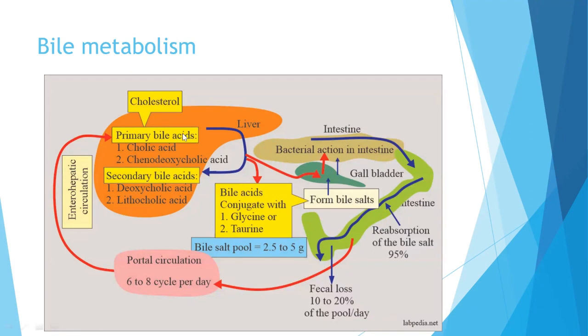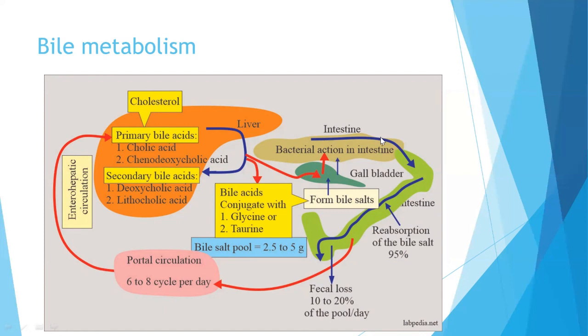Now, again, cholesterol forms the primary bile acids, that is cholic acid and chenodeoxycholic acid. Then the liver converts these into the secondary bile acids, deoxycholic acid and lithocholic acid. Again there is the formation of bile salts where the bile acids conjugate with glycine and taurine. Then the gallbladder concentrates it, and it is secreted into the intestine.